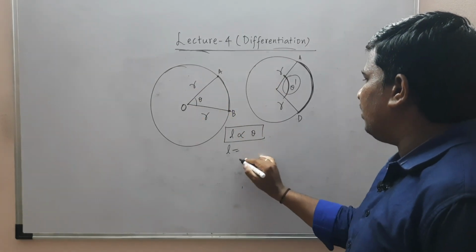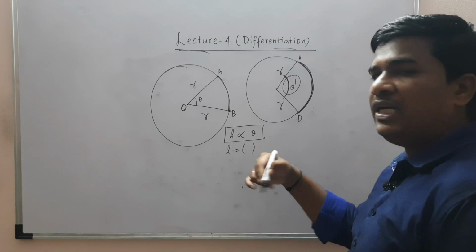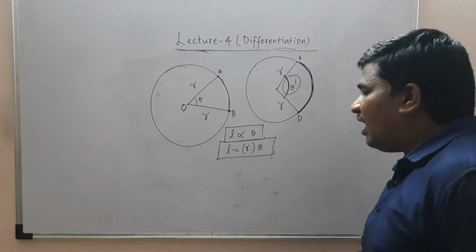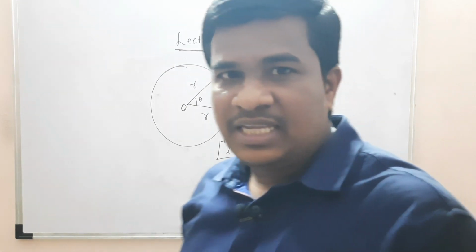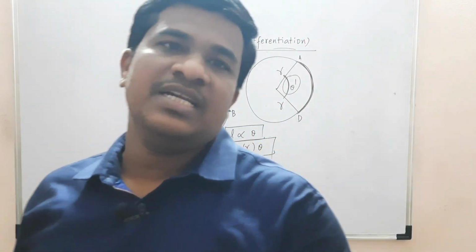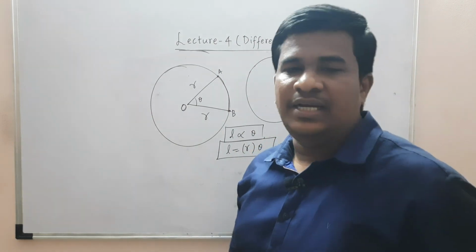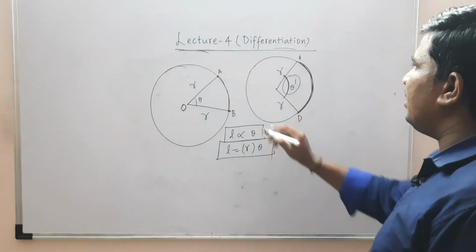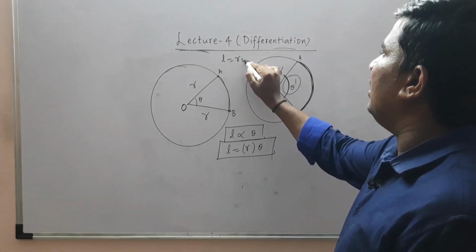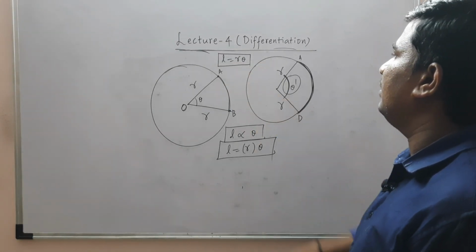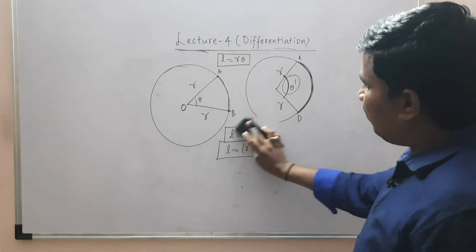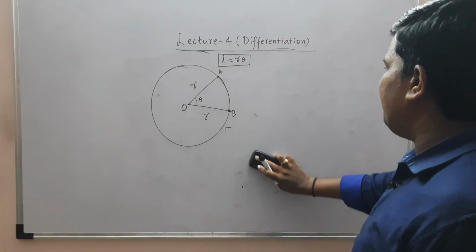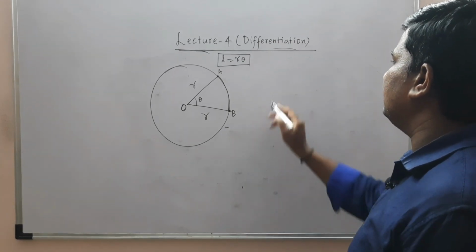So L equal to, when we remove proportionality, we introduce a constant, that constant is R. So this is how the length of the arc, the radius and the angle subtended by the arc at the center are related. So please remember L equal to R theta. Okay, so now what I do is, let me consider a very small arc, something like this.